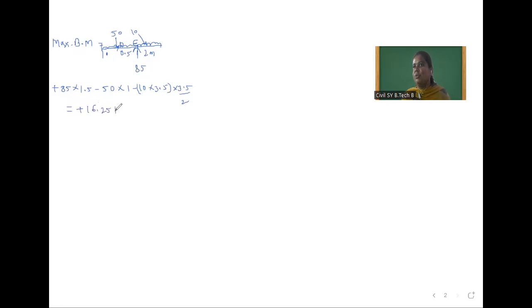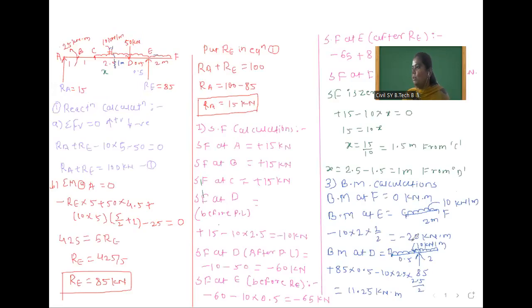16.25 kilonewton meter. So this is the maximum value. At the same time, you have to pay attention here. The values of bending moment for remaining points should be less than this 16.25. If any remaining point's value is greater than this 16.25, then definitely we have made some mistake. Okay, up to this point, you check here, bending moment is below 16.25.